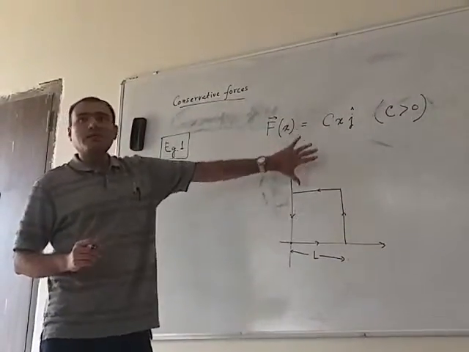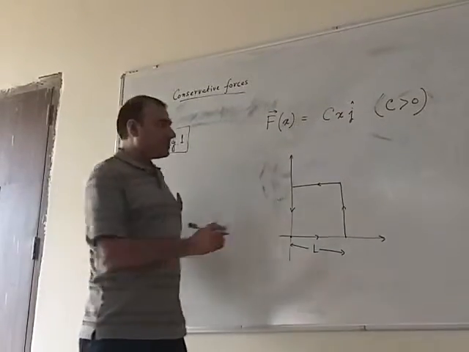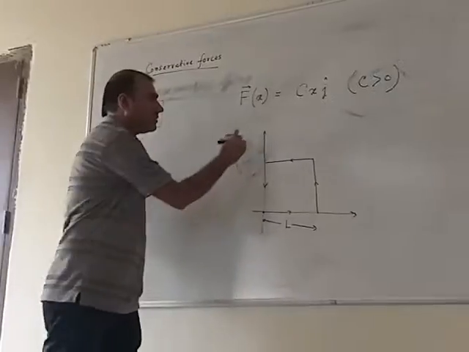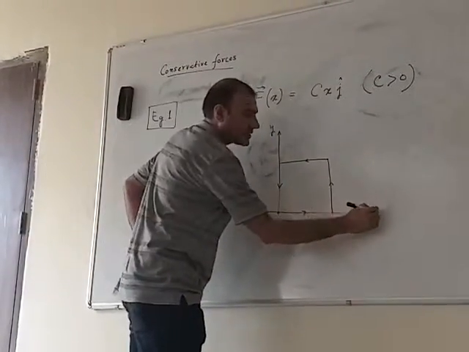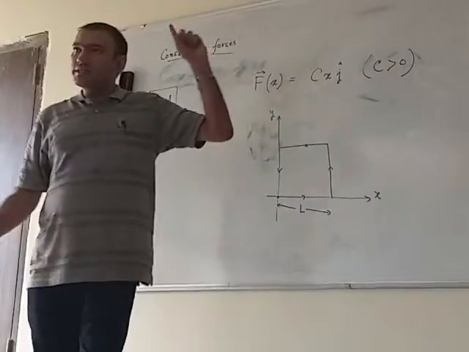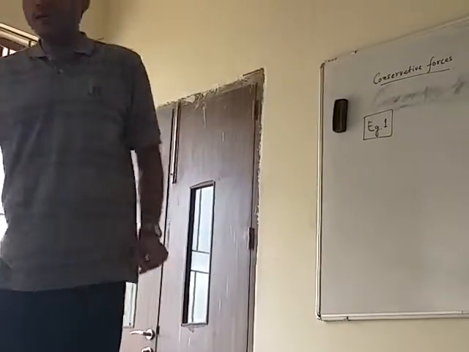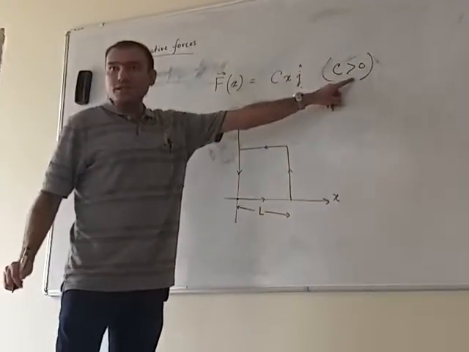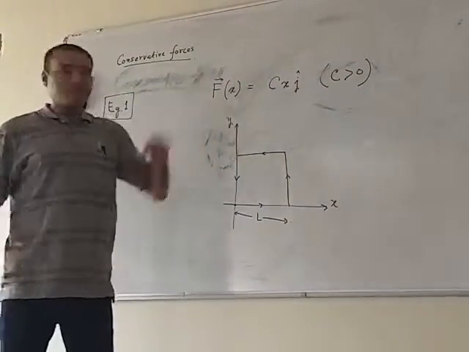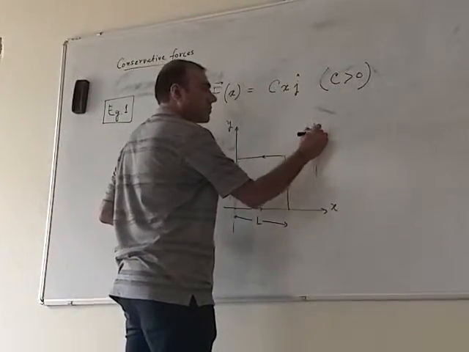The force is an external force. And from the direction, because this is y and this is x, j cap means it's directed along positive y. And since c is greater than 0, it's positive. So that's the direction of the force.